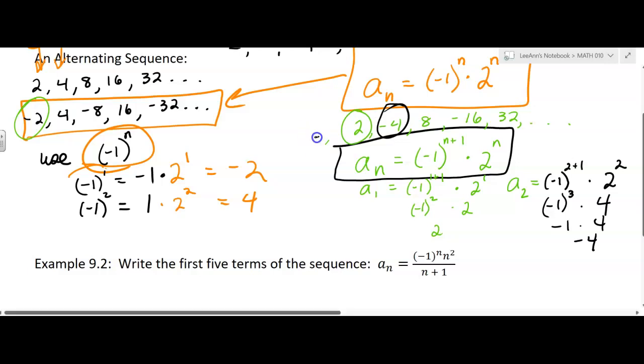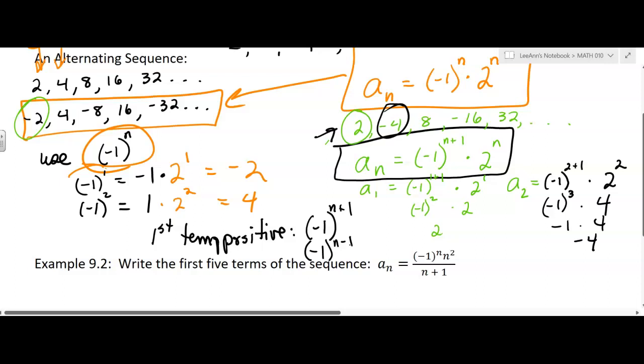So if you want the first term to be positive, I would use -1 to the n plus 1. You can also use -1 to the n minus 1, but it doesn't matter. It's going to do the same thing.